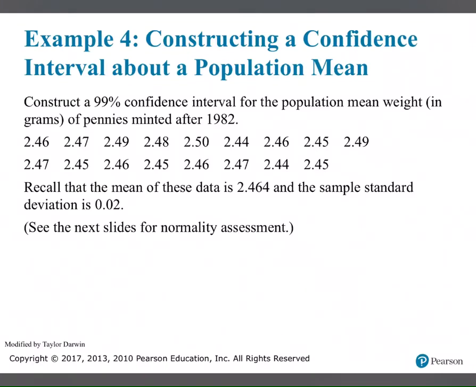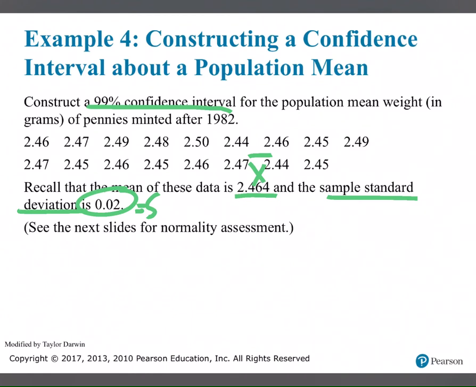Okay, now we're actually going to construct a 99% confidence interval. So we haven't done a 99% confidence interval yet, but that's okay. So remember, the mean is 2.646. That's my x bar. And the sample standard deviation is 0.02. So if I'm given sample standard deviation, that means I'm going to use t. But anyways, remember that first we need to see if it's normal.